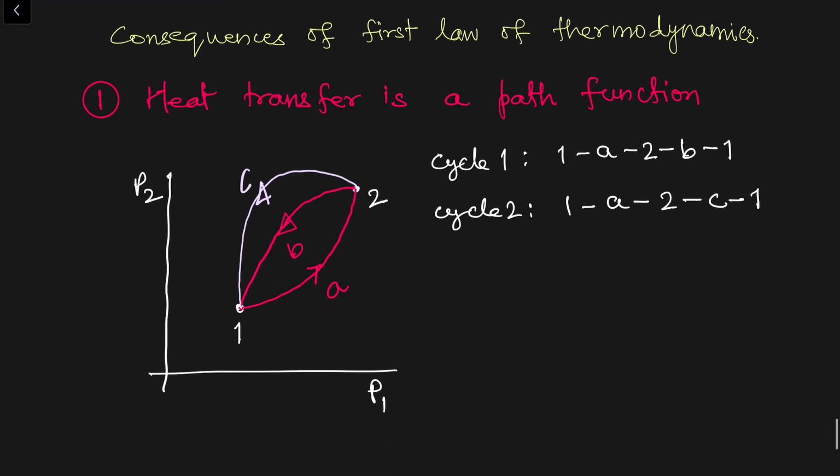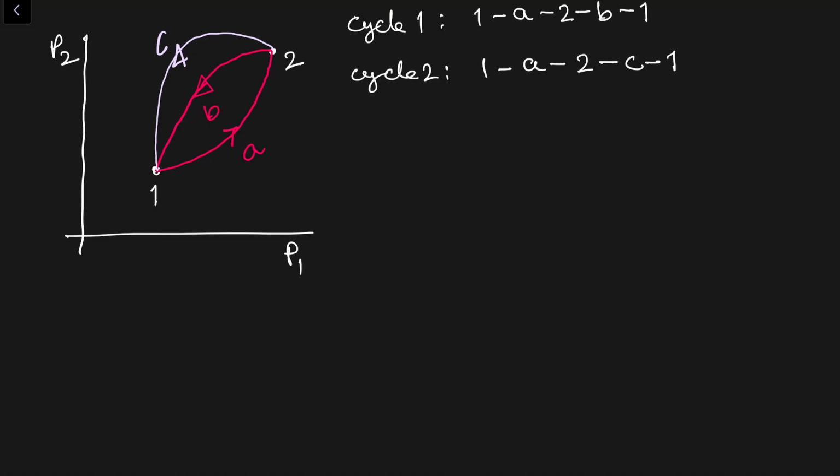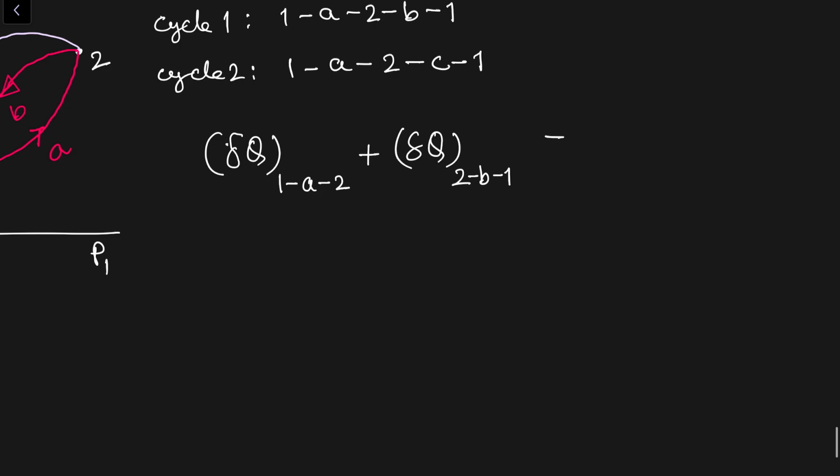So from here, for cycle 1, we can write del Q 1A2 plus del Q 2B1 is equal to del W 1A2 plus del W 2B1.